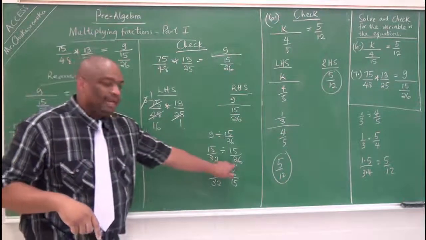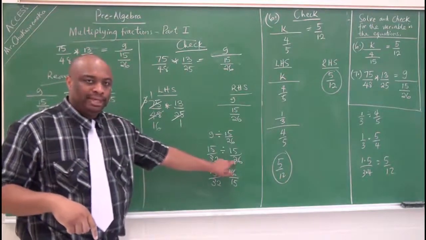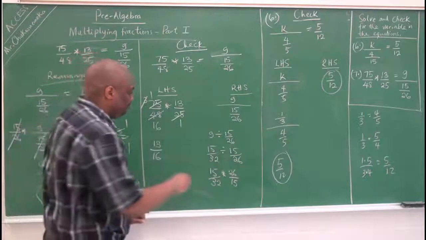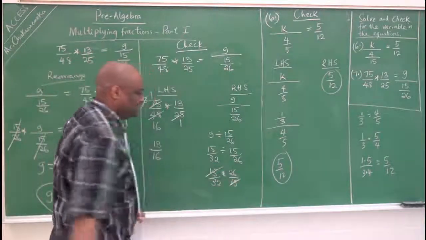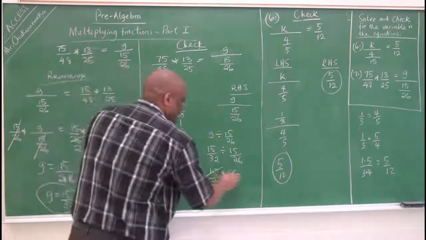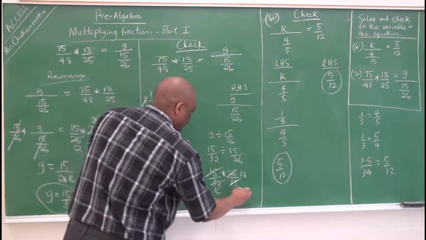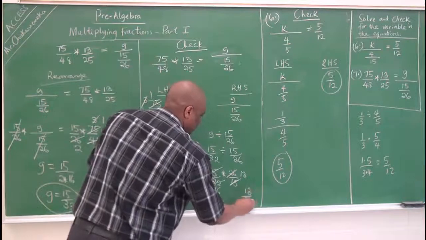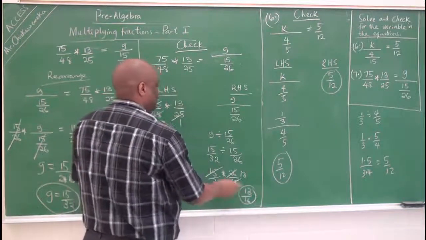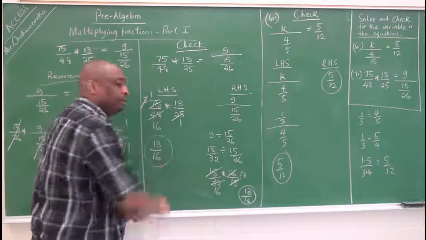You flip, you find the reciprocal of the second fraction. 15 will divide 15, that's gone. 2 will divide 26 to give us 13. 2 will divide 32 to give us 16. And we now have 13 over 16. 13 over 16 on your right, 13 over 16 on your left.